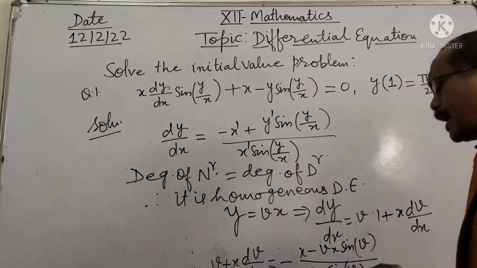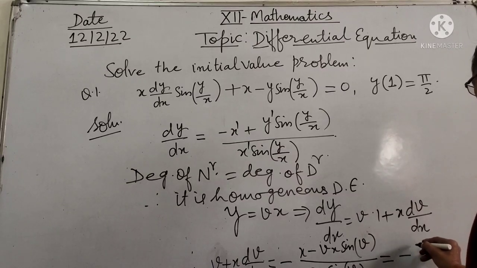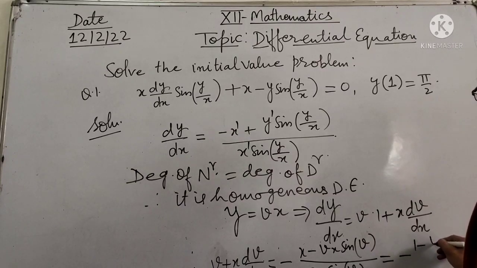Then x is common and cancels out, so it is (−1 − v sin v) upon sin v.